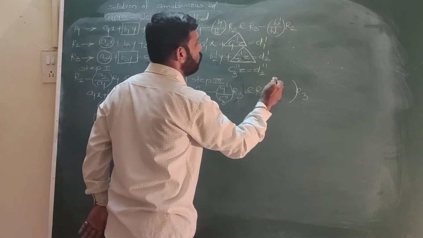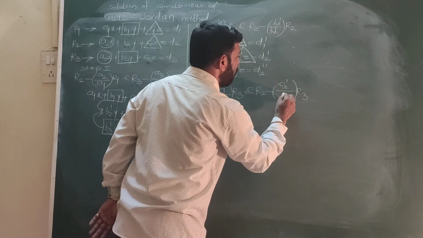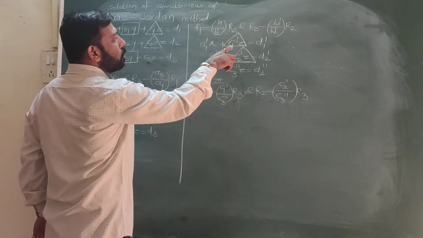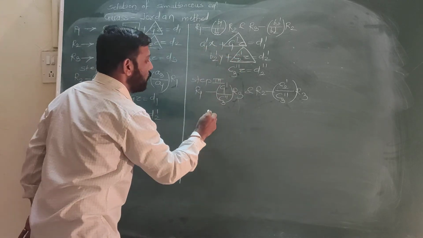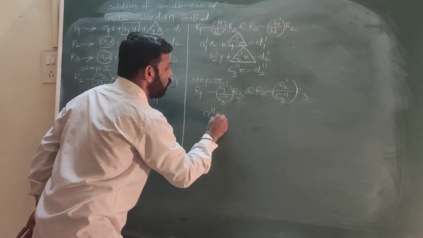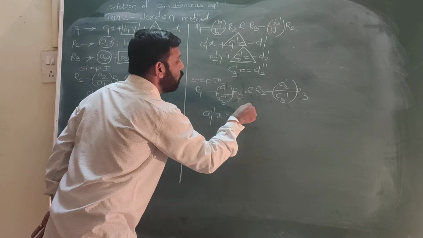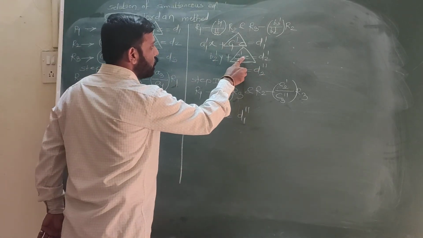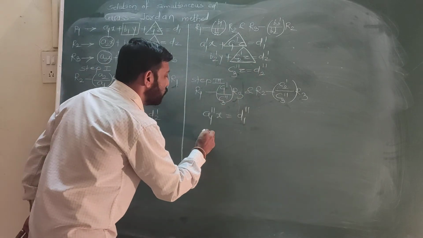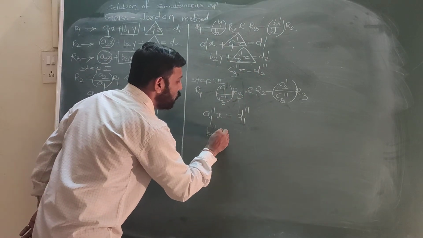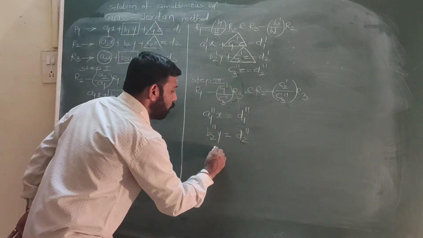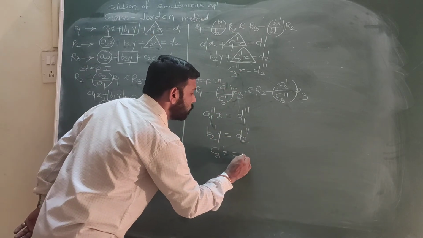Similarly for R2, c2 dash upon c3 double dash. Because of this, these two elements are 0 and the first equation changes: a1 double dash of x equals d1 double dash. The second equation again changes, this element is 0: new equation, b2 double dash of y. The third equation remains the same, no change in that.